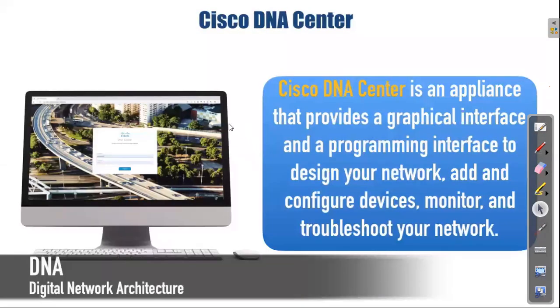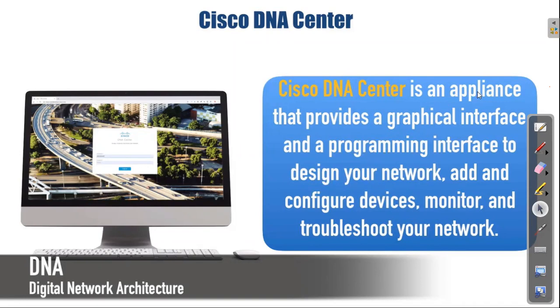The next one, this one can also manage the network. What is this? This is called Cisco DNA Center. DNA Center is an appliance, a physical appliance. Cisco DNA Center is an appliance, that means a device, that provides a graphical interface and a programming interface to design your network.